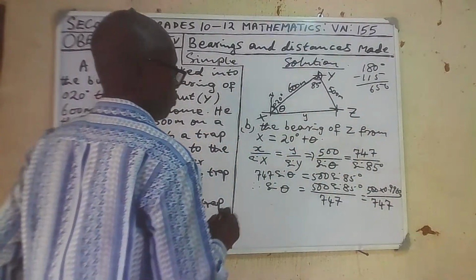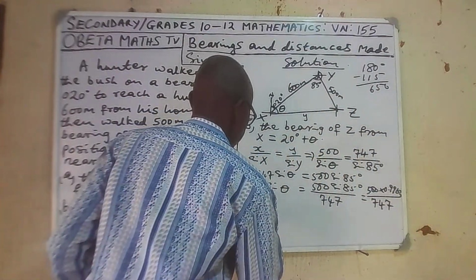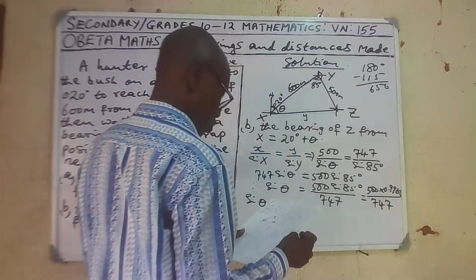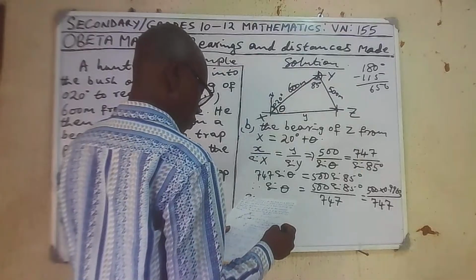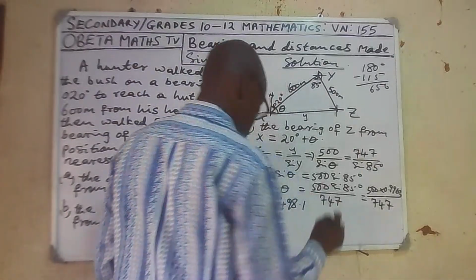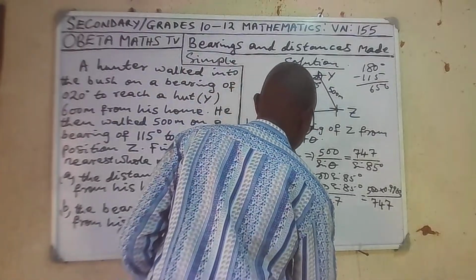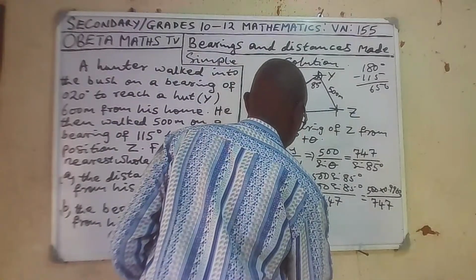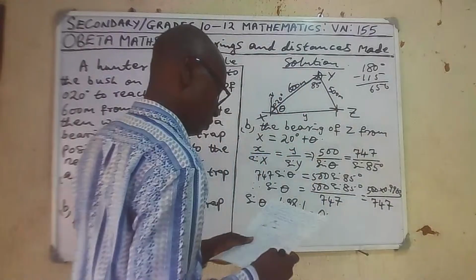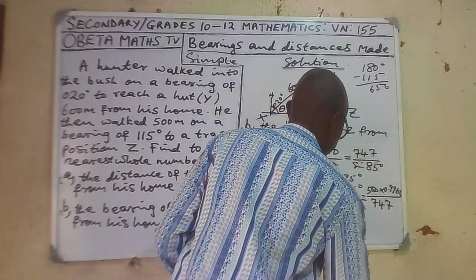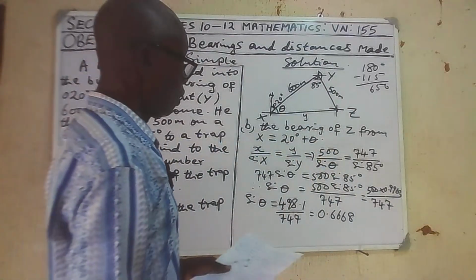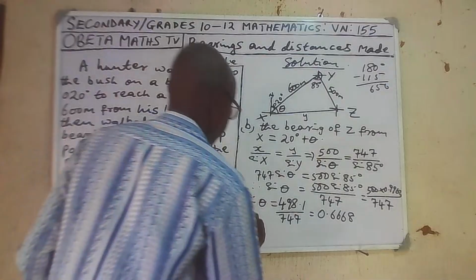Multiplying out, sine theta is 498.1 divided by 747, and that's 0.6668.